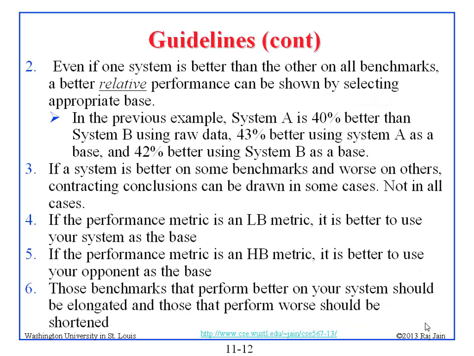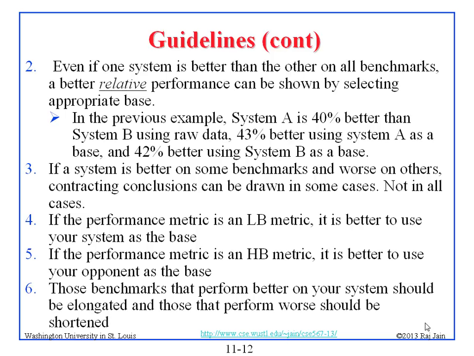Second guideline. If one system is better than the other on all benchmarks, a better relative performance can be shown by selecting the appropriate base. So yes, one is better than the other, but how much better? If somebody asks that, then you can play a ratio game. All right?